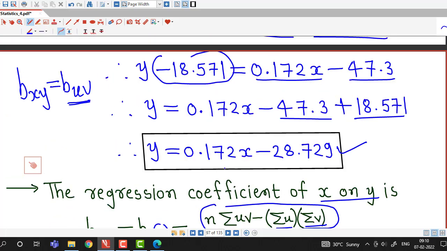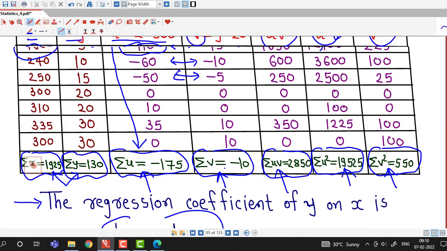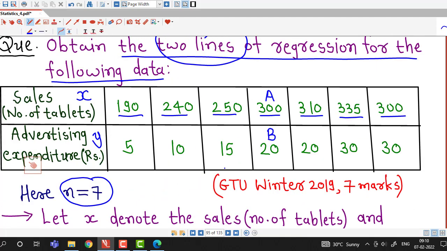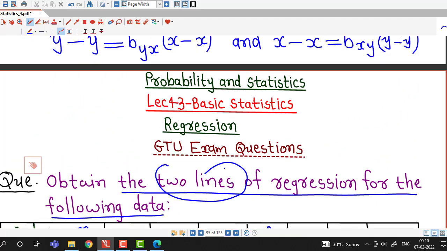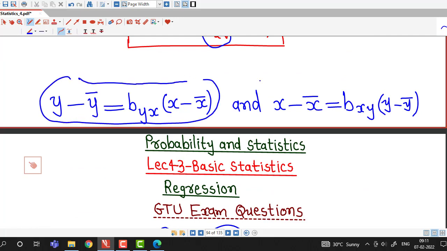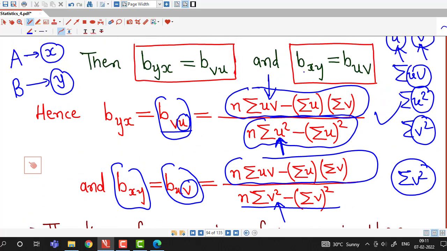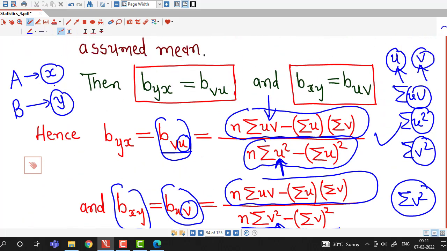So in this way we can obtain two lines of regression of y on x and x on y. So here we have used these two equations to obtain line of regression of y on x and x on y, and to find out regression coefficients we have used this change of origin.